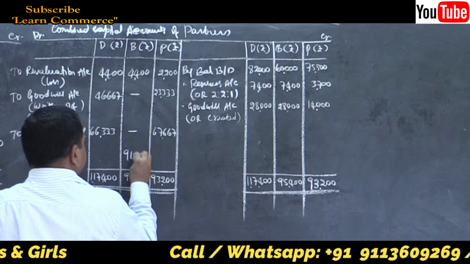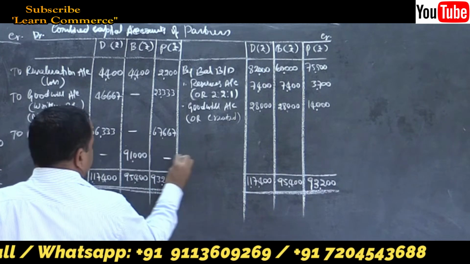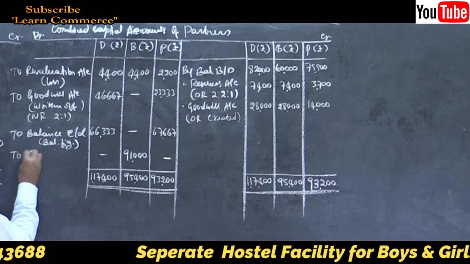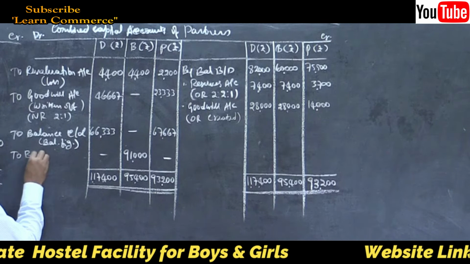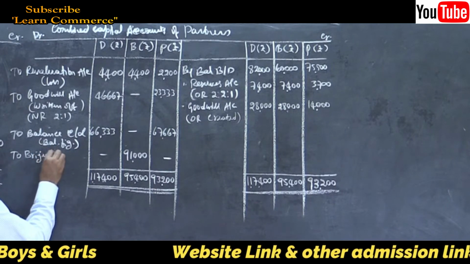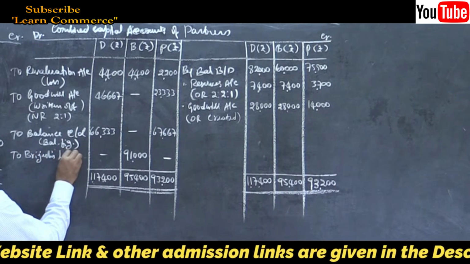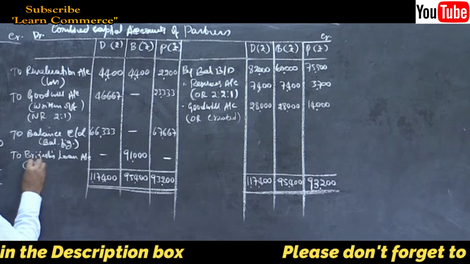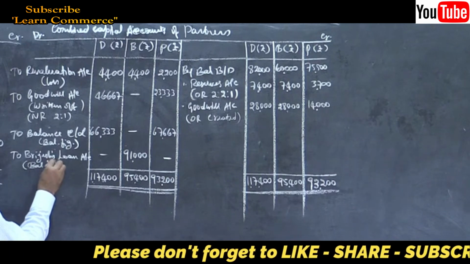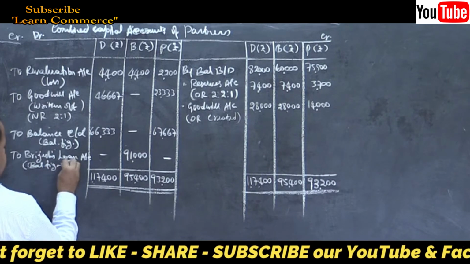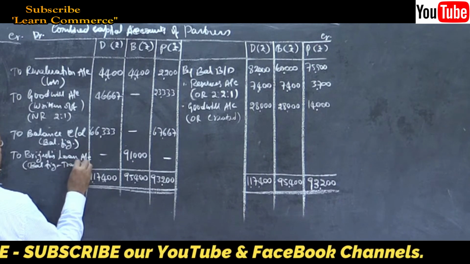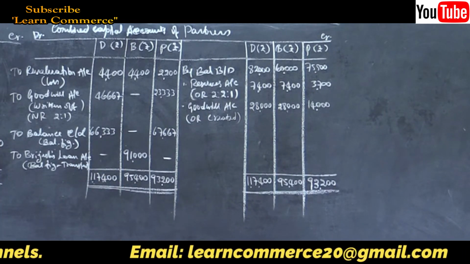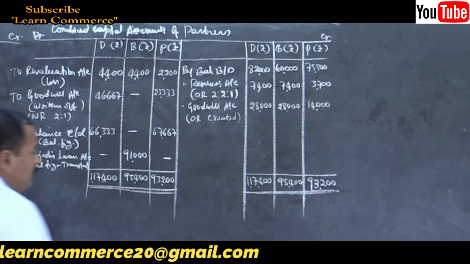Write it with a dash in the other partners' columns. Here you write to Brigesh's loan account, balancing figure transferred.